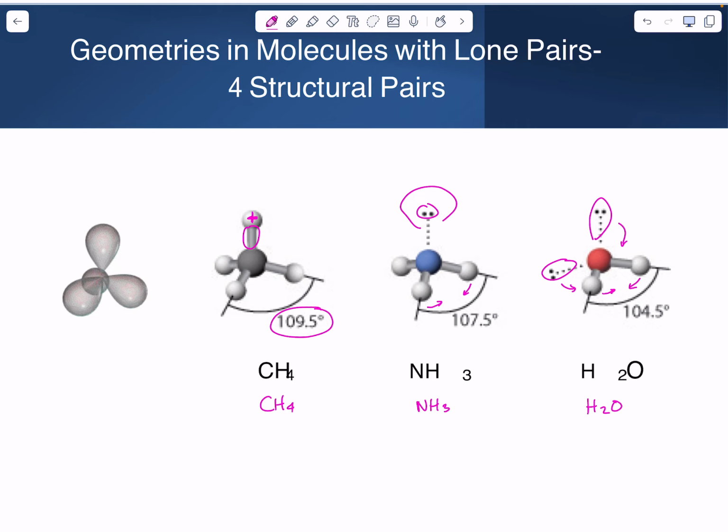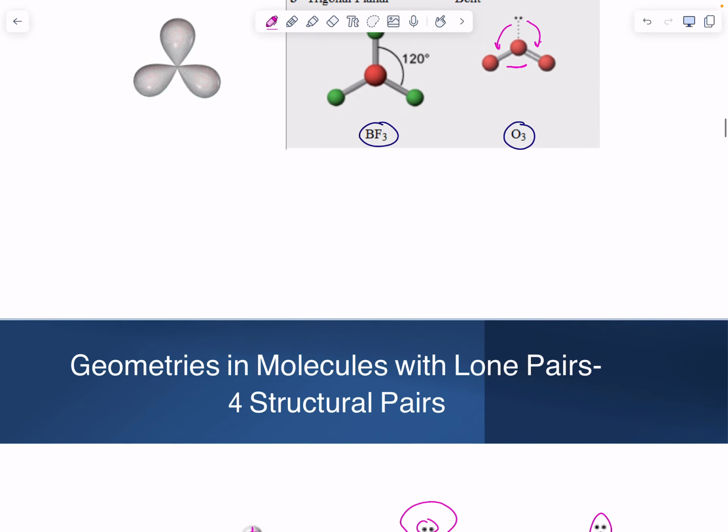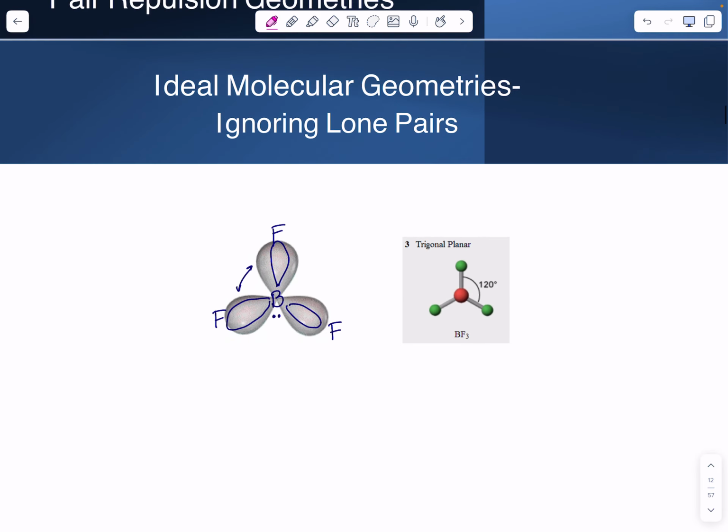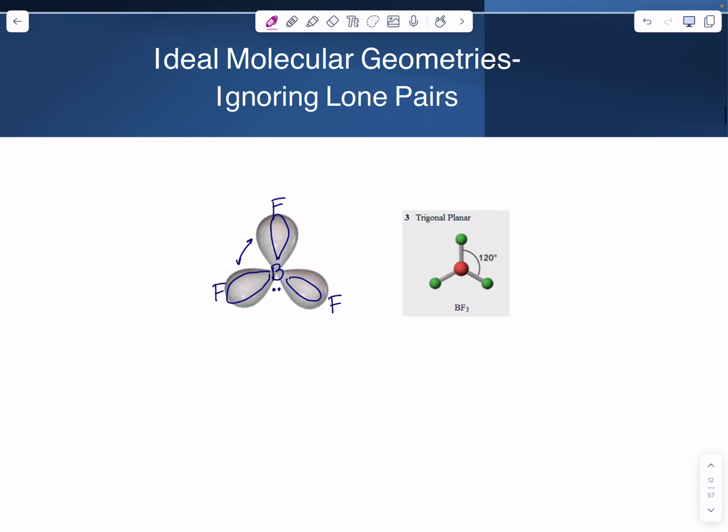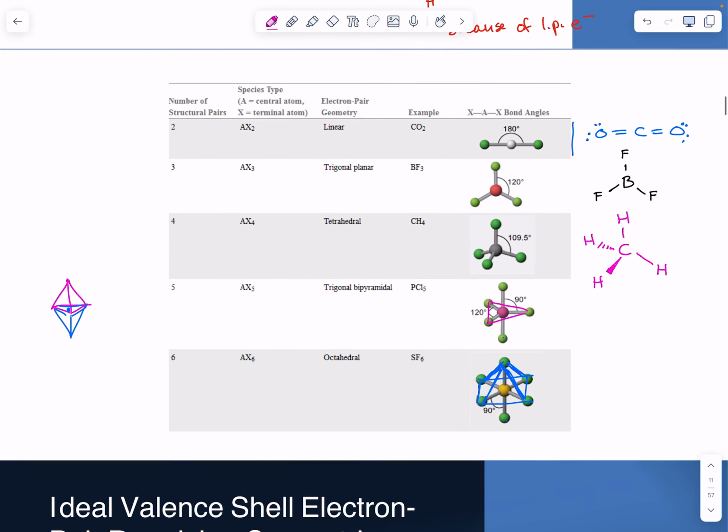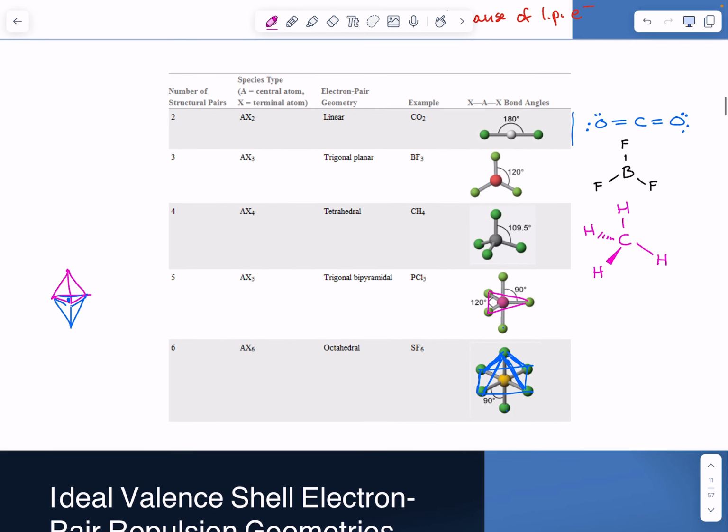If you recall, we use this theory called VSEPR, where the idea is that the positions of the nuclei, what we're calling shape in a molecule, is really where the atomic nuclei are positioned with respect to one another in space.